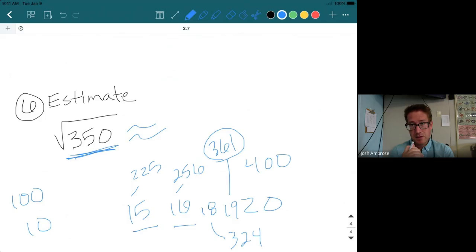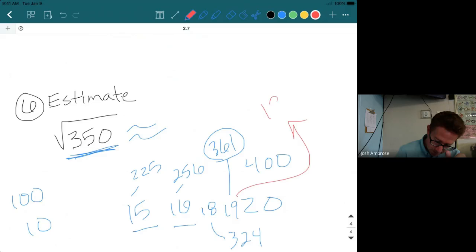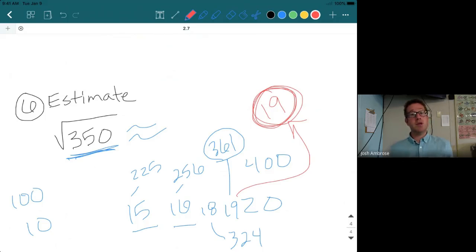Yes, it is okay, because 361 is going to get us closest to 350. So that means, to switch out another color here, that our estimate is 19. All right, we know that the square root of 350 is not 19, but it is closest to what that would actually be, and we're just giving an estimate.